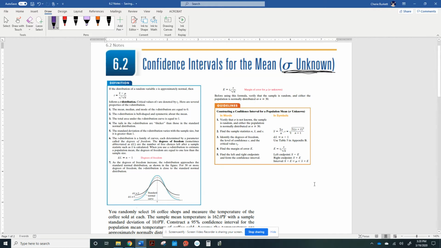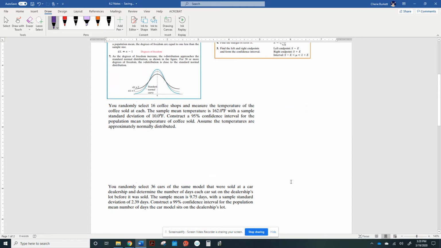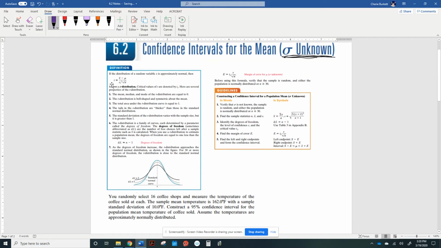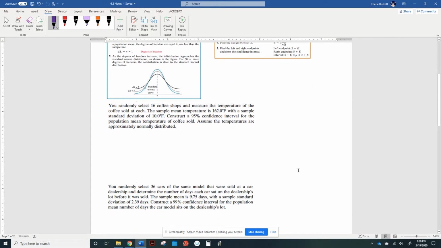So the trick for this section is not going to be anything different. I'll explain degrees of freedom and how you can find all of this by hand, but I first want to show it to you on StatCrunch.